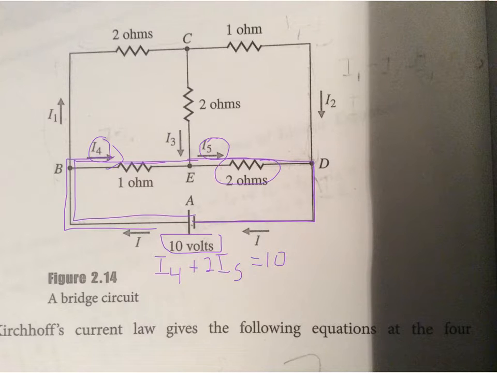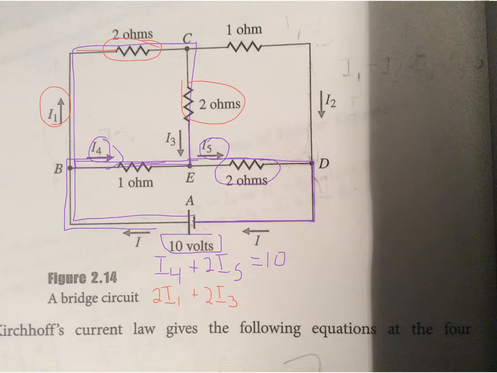The second voltage law equation comes from the closed circuit B, C, E, B. So B to C to E and back to B again. When we're looking at that circuit, we've got I1 going across a 2 ohm resistor, so that's going to give us 2I1, plus we've got I3 going across a 2 ohm resistor, so that's 2I3.